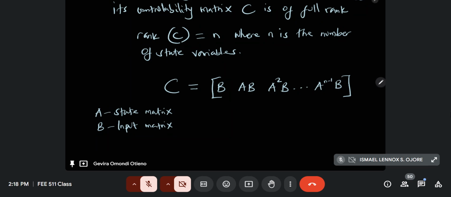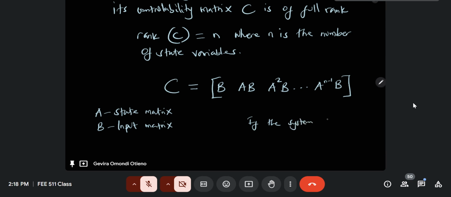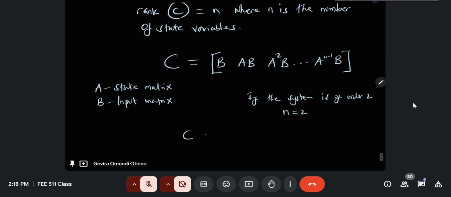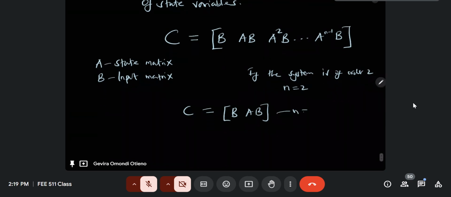So if, for example, we are dealing with a second order system, and remember, n is the number of state variables, meaning n equals 2, then your controllability matrix would be given by B, AB, just like that. This is for n equals 2.